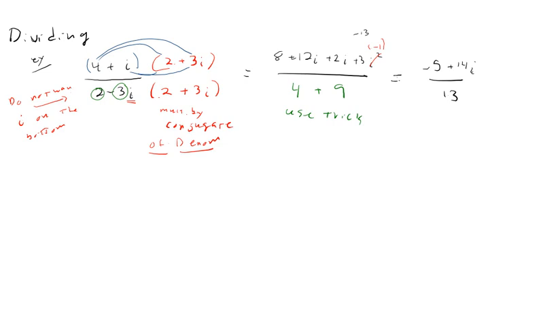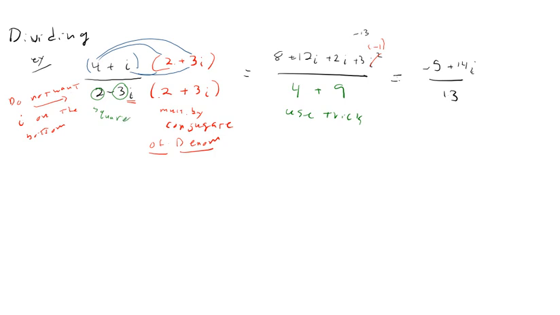Negative 5 plus 14i on the top. Where did the 13 come from? 13 came from 4 plus 9, right? I did my conjugate on the denominator, which means I square the first number, the 2. Oh, did I write 13? Oh, thank you. No, you're right. Sorry, that should be negative 3.